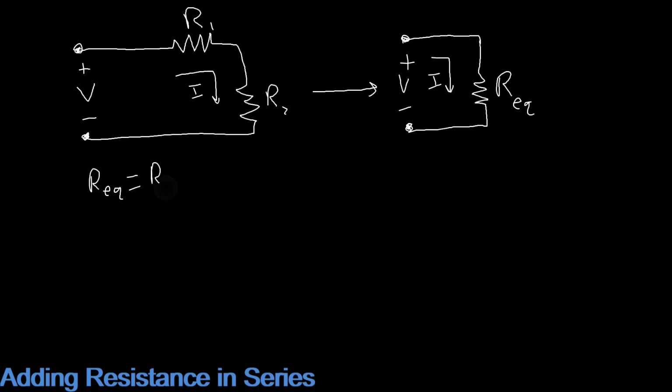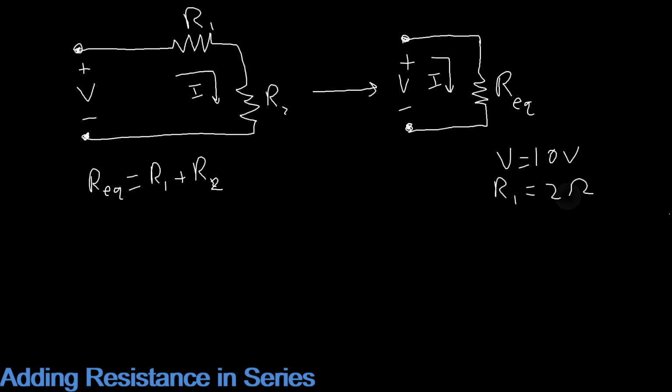Right? So, example. In this circuit, let's say we have a voltage of 10 volts. That's our voltage value. Our resistor 1 is equal to 2 ohms, and our resistor 2 is equal to 3 ohms.